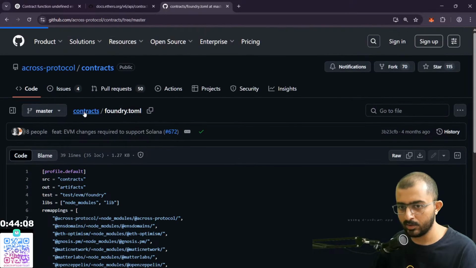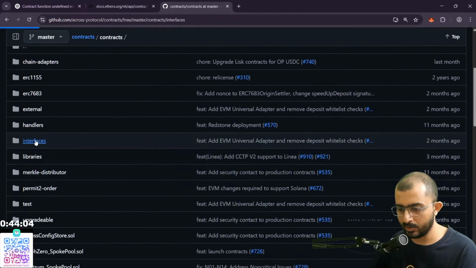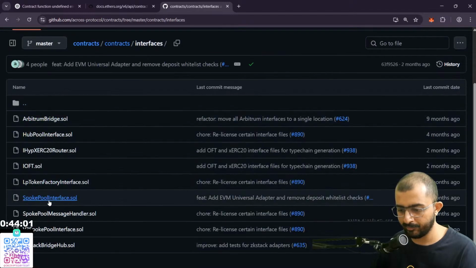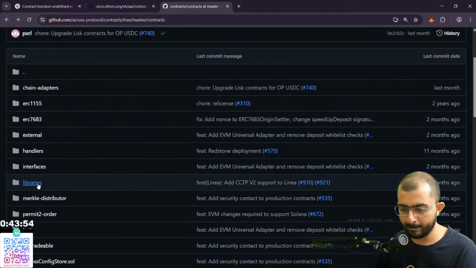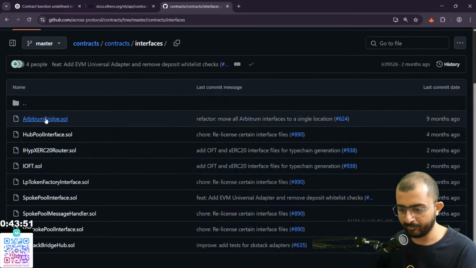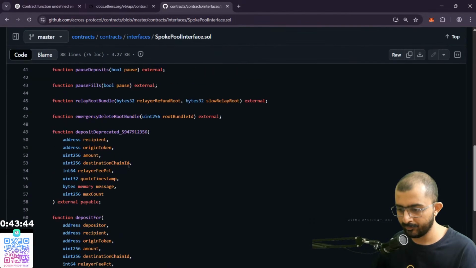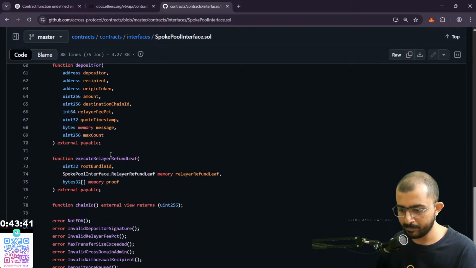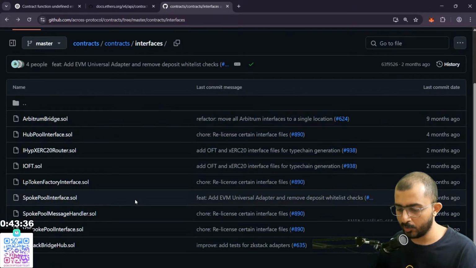Okay, here it is, interfaces, then we want the deposit v3 interface.